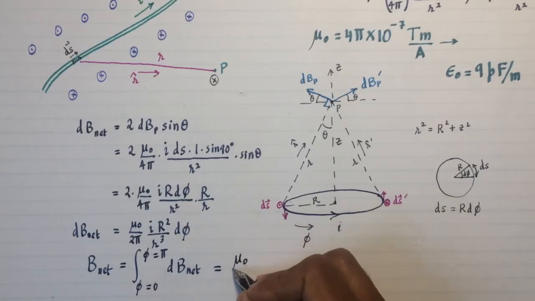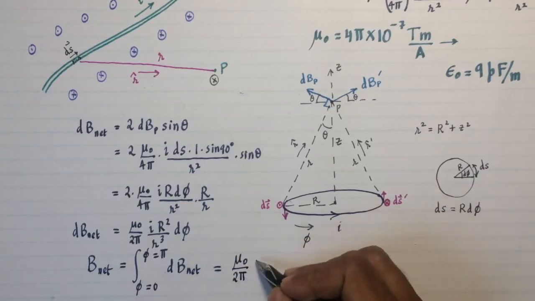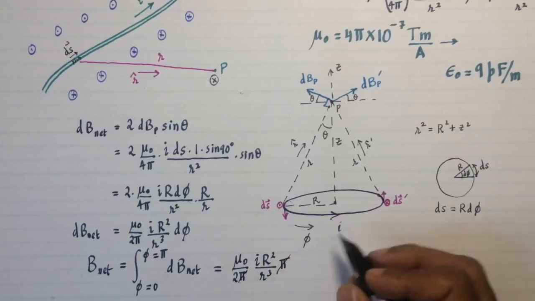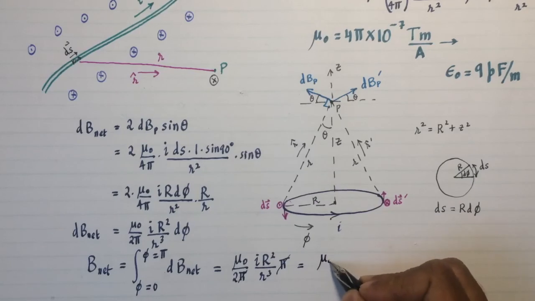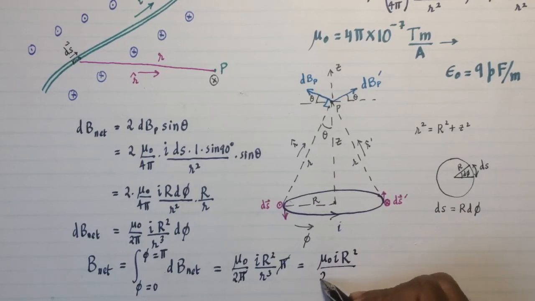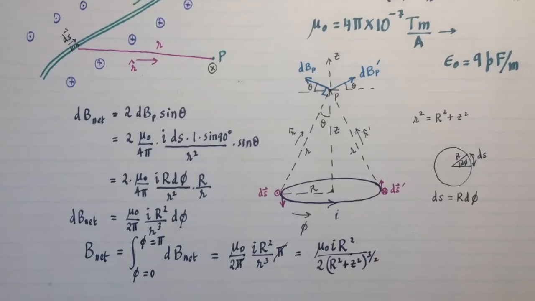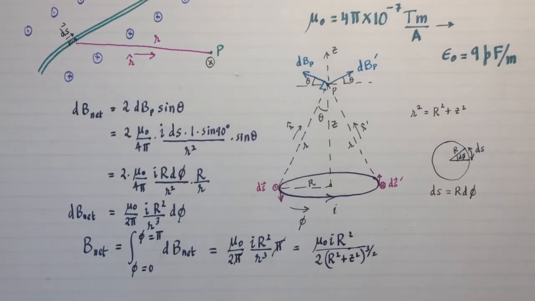So I'll get mu naught by 2 pi I r squared over r cubed times pi. That pi will cancel this pi, and now I can go ahead and maybe substitute for little r. Little r is r squared plus z squared to the power half, so that's going to be 3 halves.